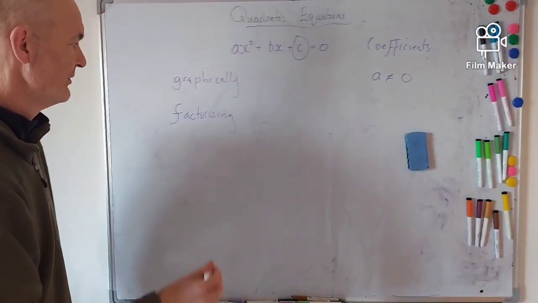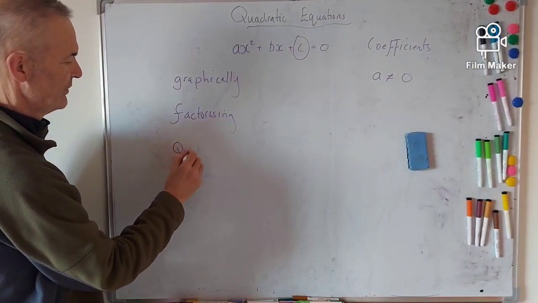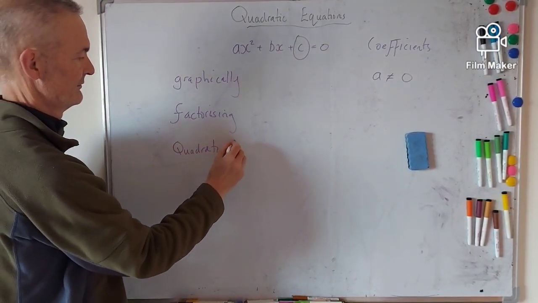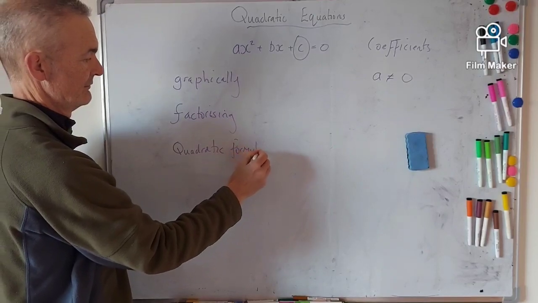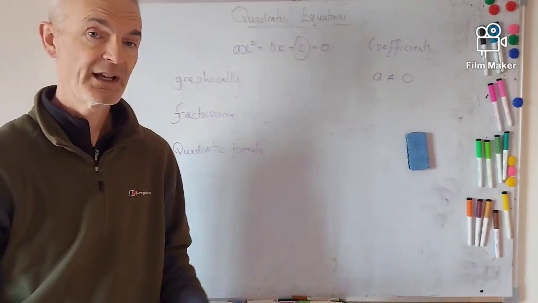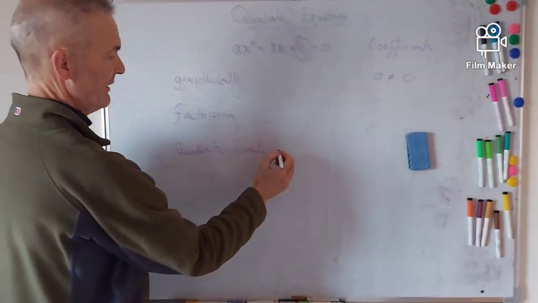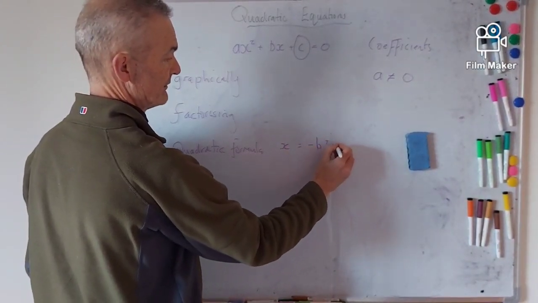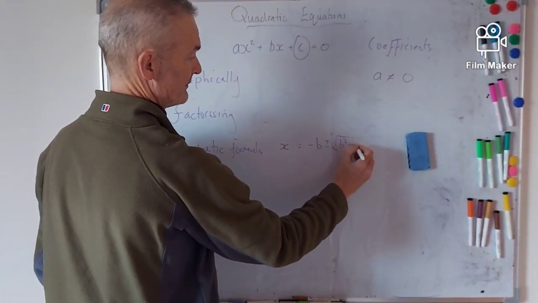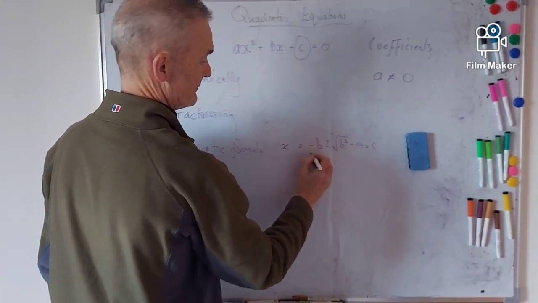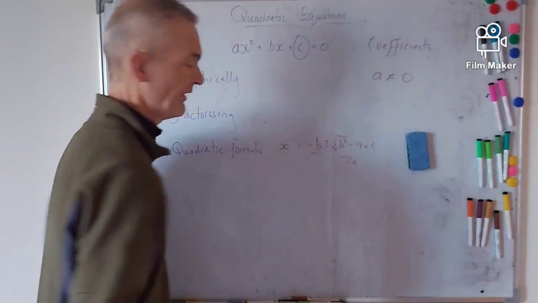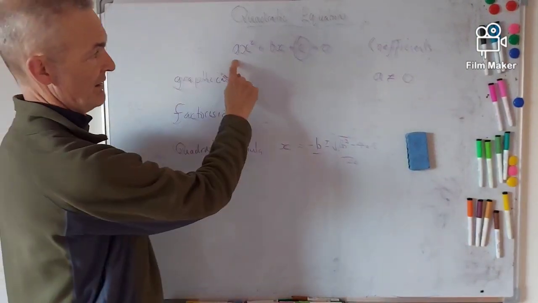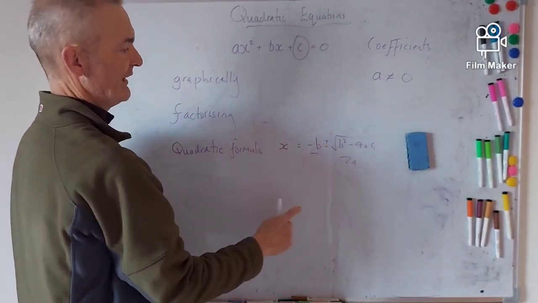You can also use something called the quadratic formula. This is something that you would have to remember, and it would give you the solution. It looks like this. So that is the quadratic formula. If you've got a quadratic equation, here's the general form of it.